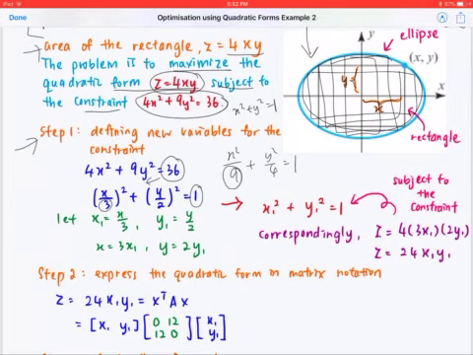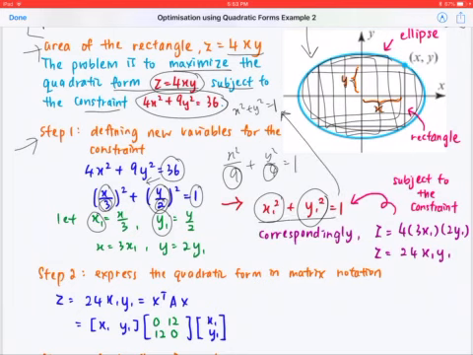So 9 is 3 raised to the power of 2, and 4 is 2 raised to the power of 2, and then you have x over 3 and y over 2 here. So let's define x1, the new variable equivalent to x over 3, and y1 equivalent to y over 2. When you substitute these new variables into the equation, you get x1 squared plus y1 squared equals 1. Now it looks like the simplest form, similar to the simplest circle form.